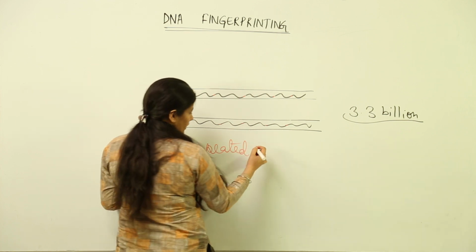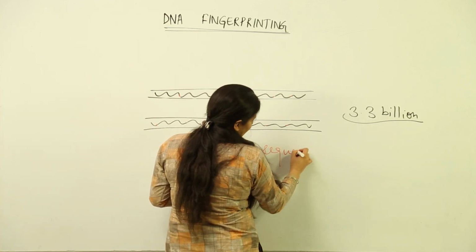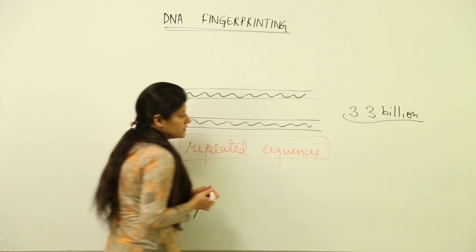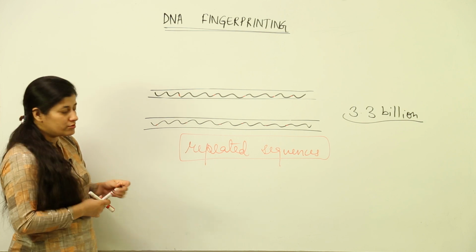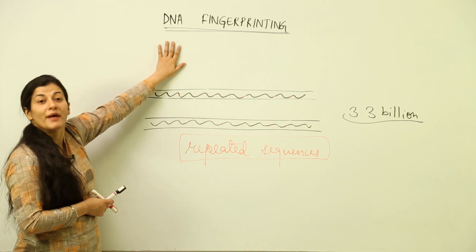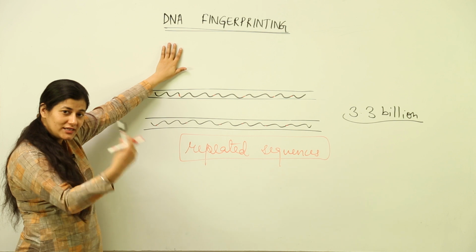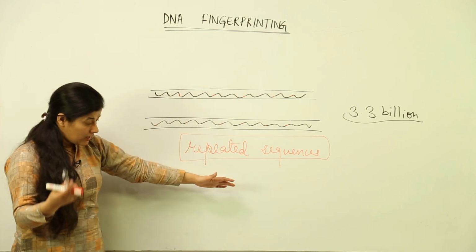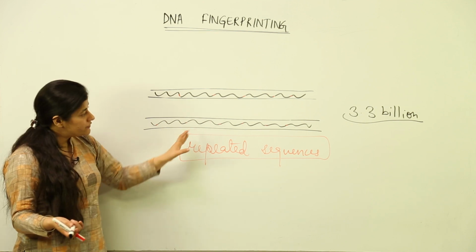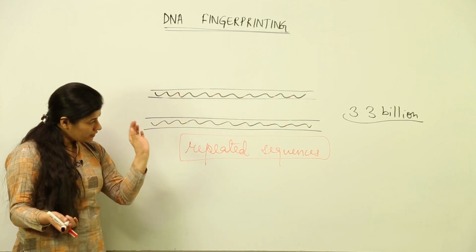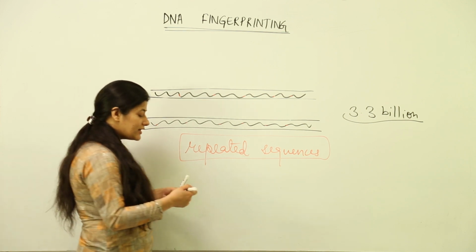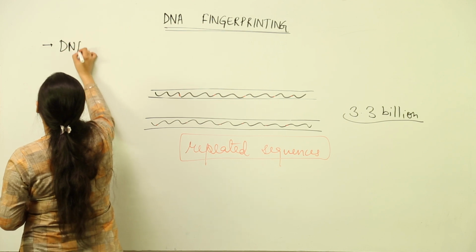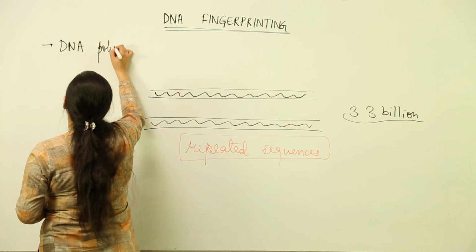Most of the part of DNA has repeated sequences, and those repeated sequences will be the place where we are going to find the information and use it for DNA fingerprinting, for matching, okay. We are going to see the similarities in these repeated sequences and whatever differences, if there are any. Now, apart from seeing this entire genome, we are going to concentrate on a smaller part, and in that smaller part we have a principle known as DNA polymorphism.